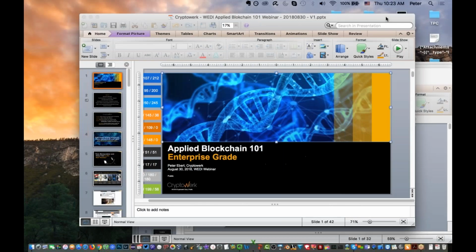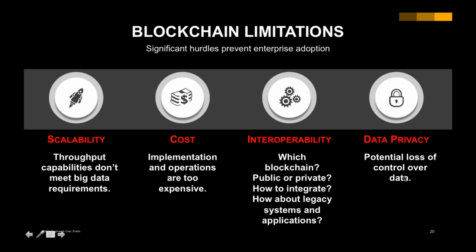And finally, the data privacy piece, which is a major reason for private blockchains. If you have sensitive data, you put it on chain, as we call it, so on the blockchain, everyone on this blockchain can see it. In a private setting, that's maybe okay, but in a public blockchain, you can imagine you don't want to have 20,000 different parties that you may not even know look at your data.